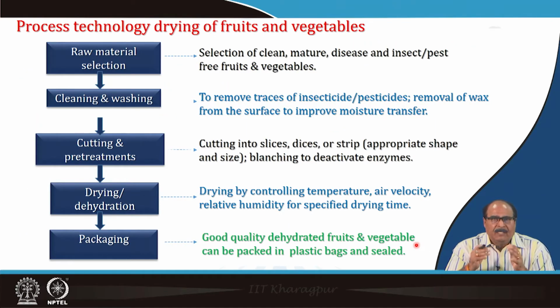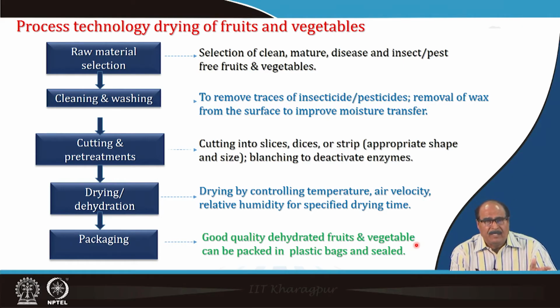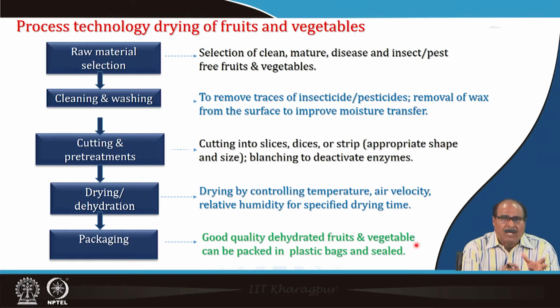Regarding process technology for the drying of fruits and vegetables, you take raw material that is clean, mature, and free of disease and insect pests. They are given various pre-treatments like cleaning, washing, cutting, blanching, etc. And then finally in the desired form, whether slabs, slices, cubes, or rings, it is put into the dryer.